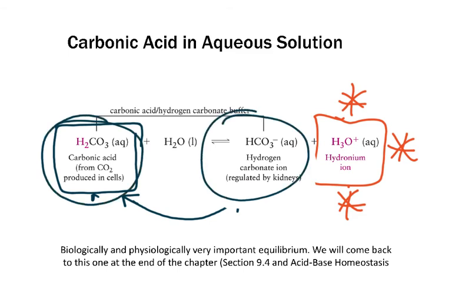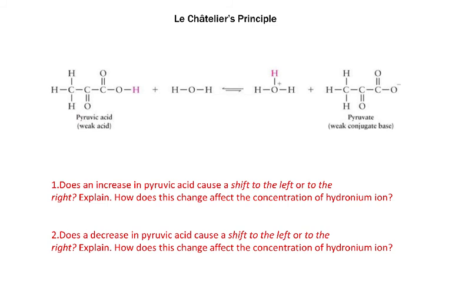So you can act from either side. Anyway, we'll come back to this exact reaction at the end of the chapter and maybe a few times before then. But I think you'll get pretty good at this as we see it again and again. Basically, this is biologically and physiologically a very important equilibrium, and your body has multiple ways of controlling it. It's really pretty cool.